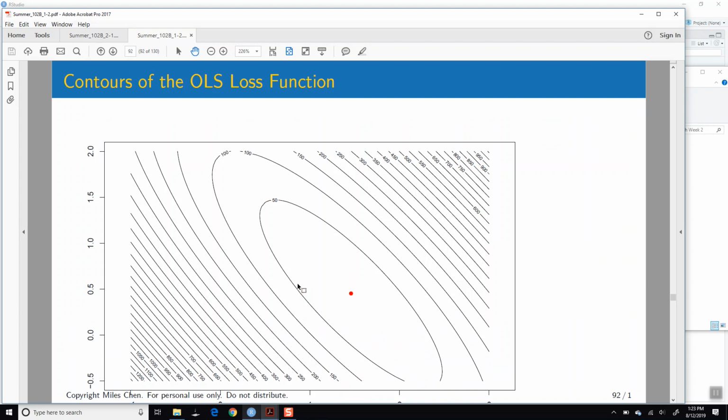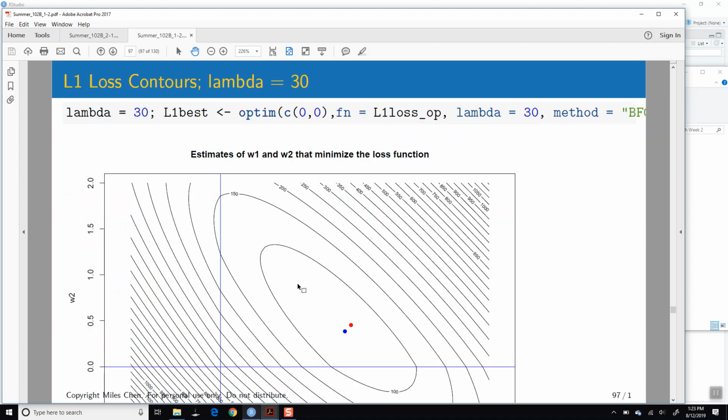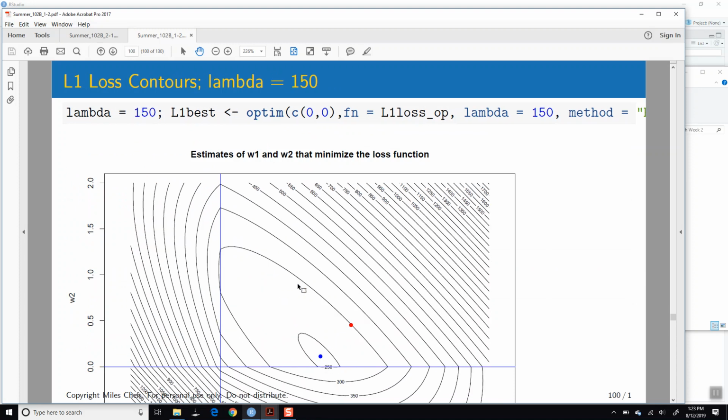And that makes sense because the squared function forms like a paraboloid, and that's what we see, these elliptical shapes, okay? When I have a lambda like 150 or something like that, these parts look kind of a little bit elliptical, but what we see is that we get these harsh corners.